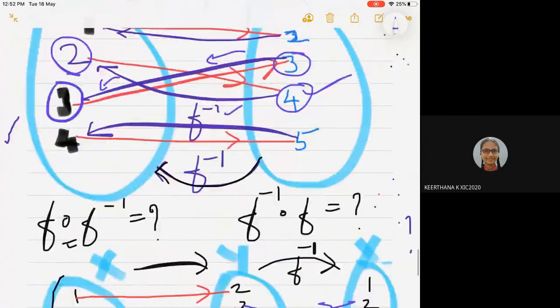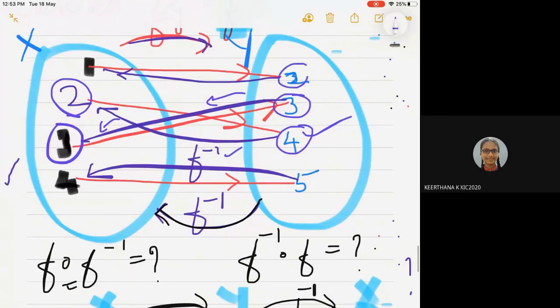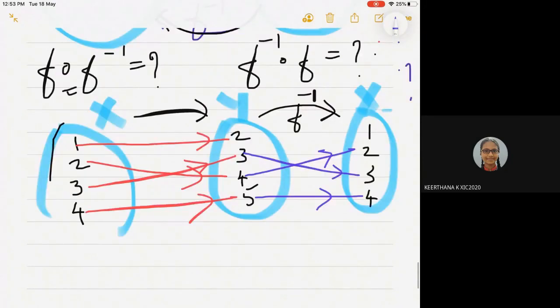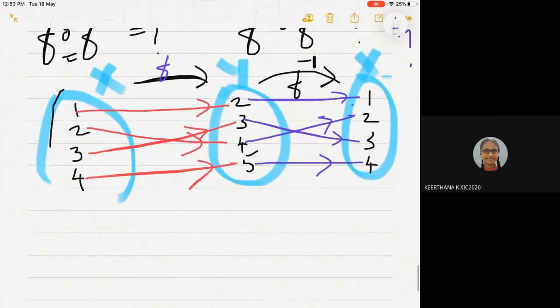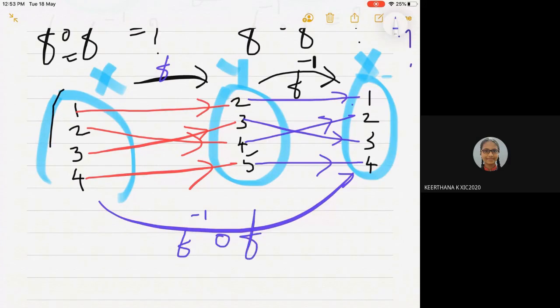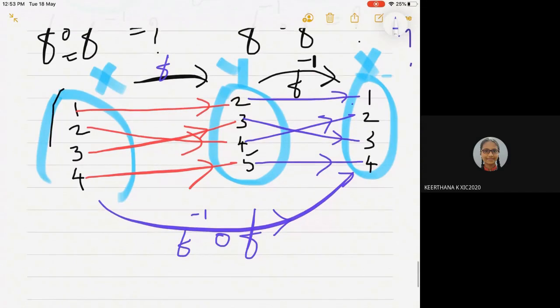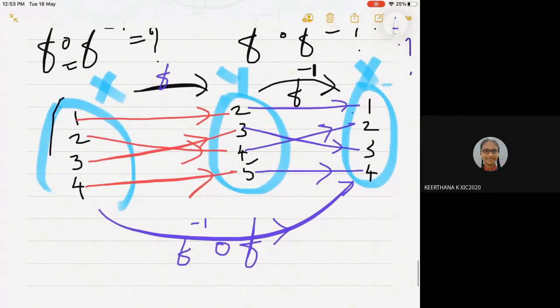Now the image of 2 under f inverse, going this way, is 1. So 2 goes to 1. Now f inverse composition f is defined from x to x. You can see that f inverse is here, and here f. f inverse composition f is defined from x to x.